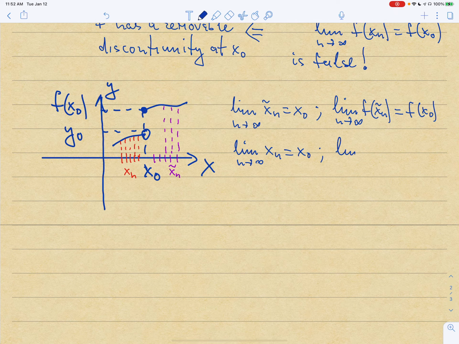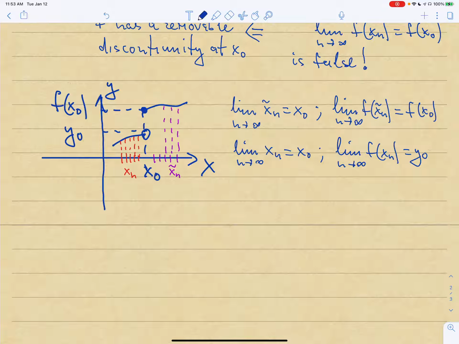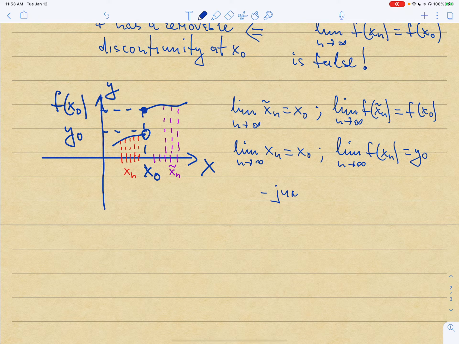So the limit as n goes to infinity of f of xn is y0. And then the function is discontinuous again, because I found a sequence along which the limit of the function is not f of x0, it is something else.